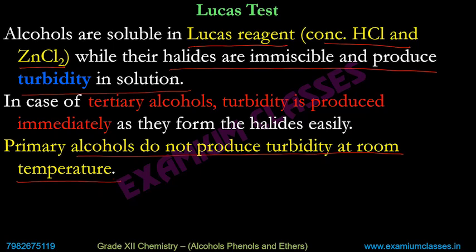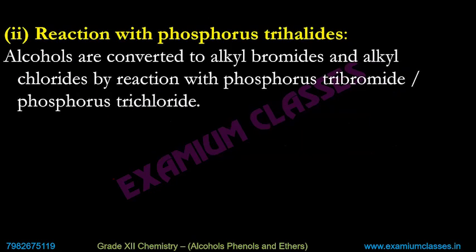Turbidity, you can understand like this: something transparent, say water, and if you drop milk into it, the milk's white color will disperse in the transparent water in the form of a cloud. Something like a cloud, that is called turbidity. That type of turbidity will appear with tertiary alcohols when reacted with Lucas reagent. Primary alcohols do not produce turbidity.